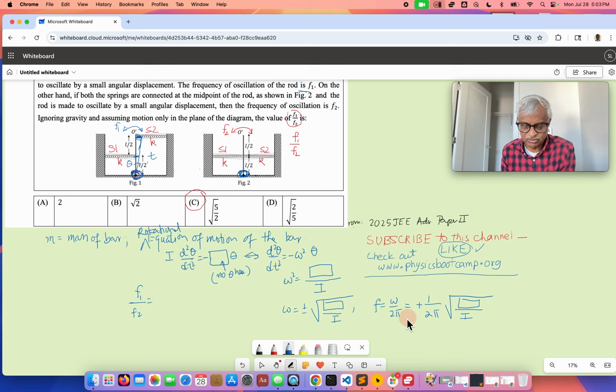So if you go all the way there, omega will simply be omega 1 over omega 2, and when you work it out, it's going to be the square root of box for case 1 over box for case 2. See, I just cancelled it out, so I have no moment of inertia. I just need to figure out what this box is in each case.